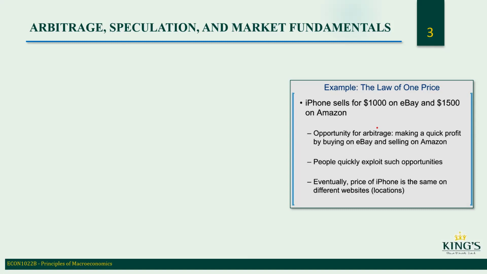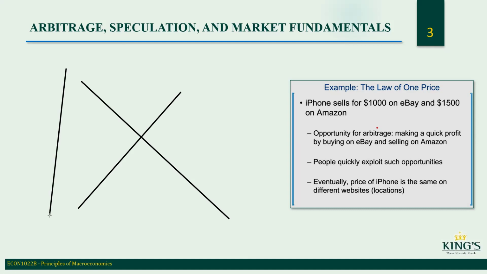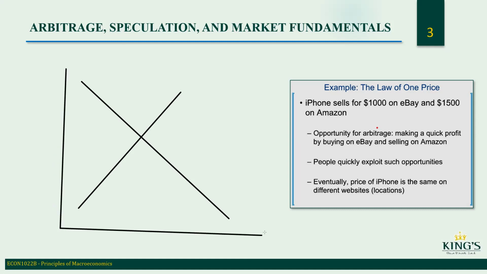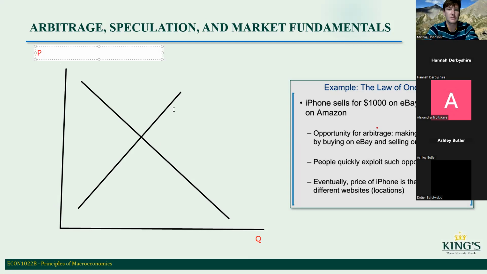So it's very similar to the supply and demand graph. I'll just demonstrate here. Price, quantity. So right here, the supply, demand. So under arbitrage, it would kind of be like this.